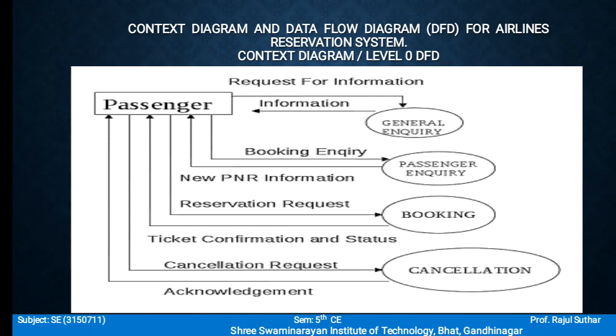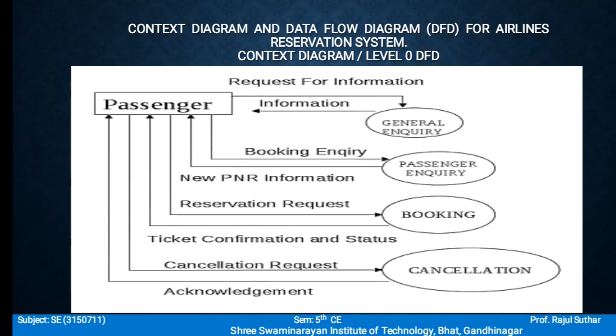This example represents the data flow diagram for an airline reservation system. The passenger makes a request for information, like a general inquiry. So this is the first step. Then a booking inquiry sends a request to the system for booking.